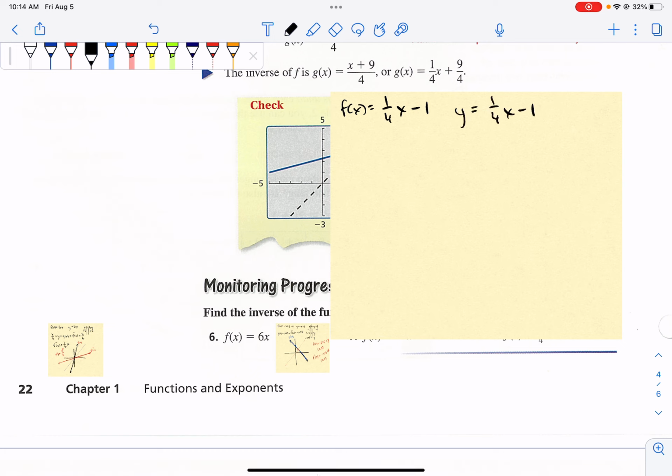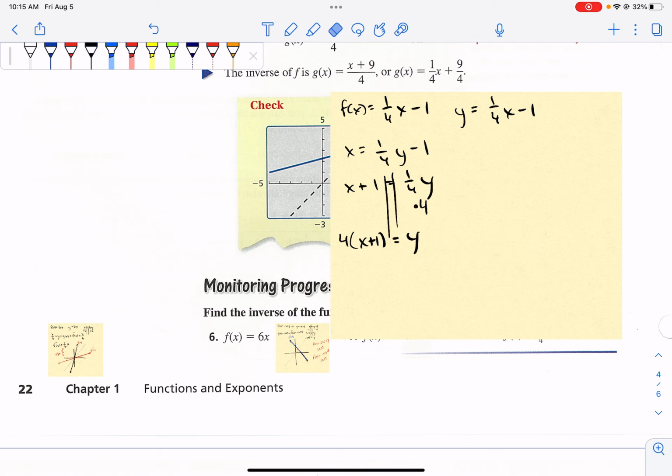Switch the x and the y, so x equals 1/4 y minus 1. Add 1 to both sides, x plus 1 equals 1/4 y. And the trick here is not to divide by 1/4, but to multiply by 4. So 4 times x plus 1 equals y.